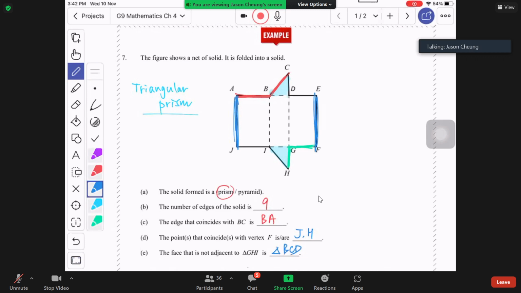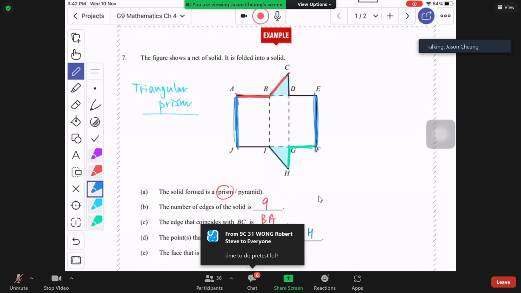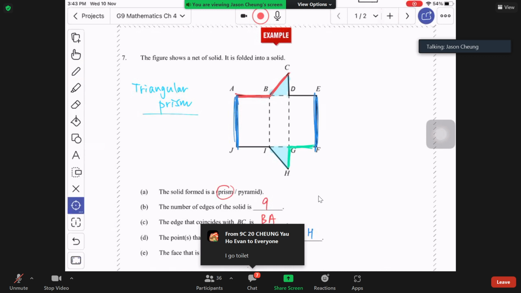Okay. All right. So here, for the rest of the time, any questions so far? 有冇問題先？有問題。If you cannot think of it, I would suggest you to use the QR code to help you, or you can try to go to Google and Google the name of the solid here, to help you think.